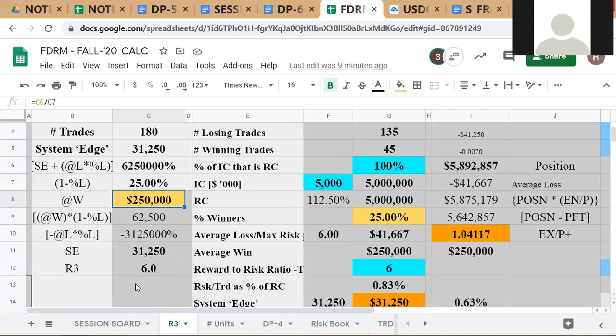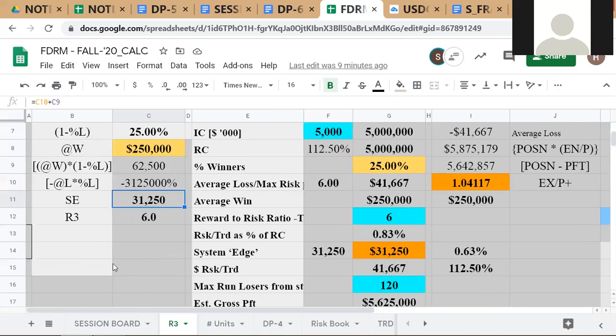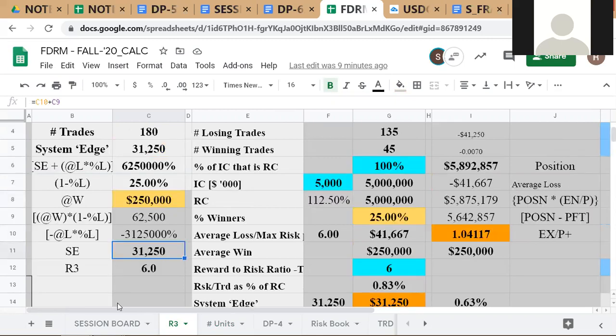We are just doing a cross check, making sure that this average win is consistent with the system edge, which is here 31,250. There's also 31,250 and the R3 here. The R3 here is average win by average loss. We got the R3 of 6.